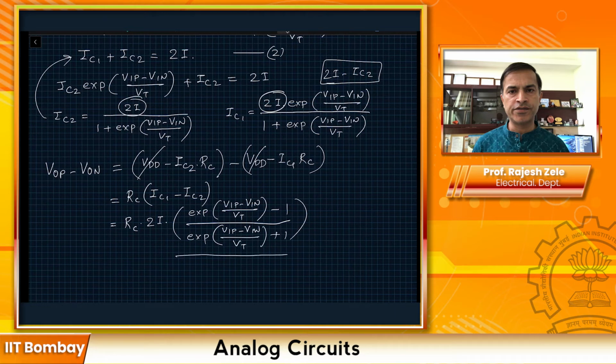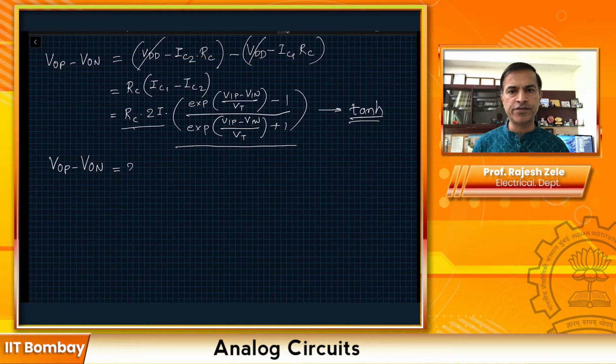What does this function look like? This function looks like a tanh function. VOP minus VON is 2 times I RC, and this one we can say is tanh of VIP minus VIN divided by 2 times VT.